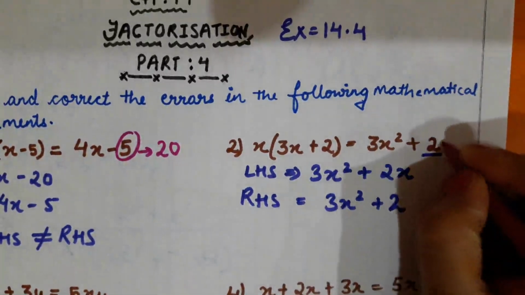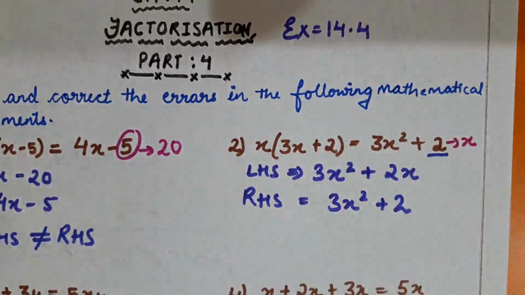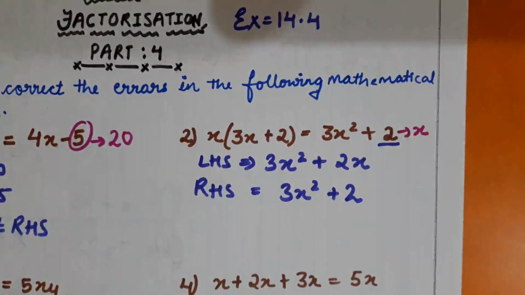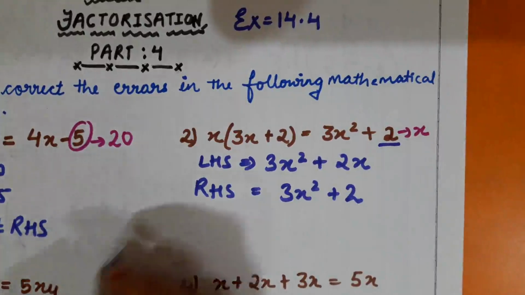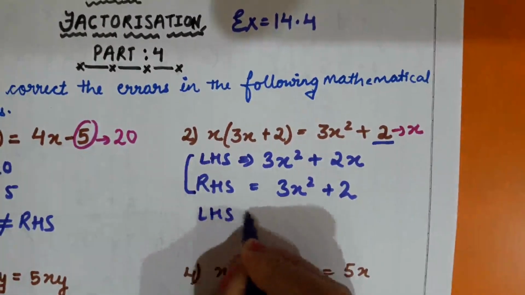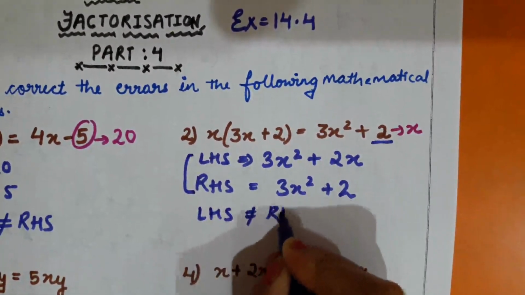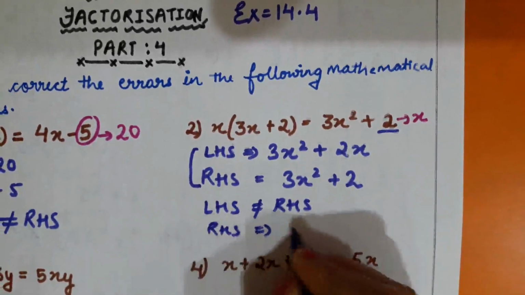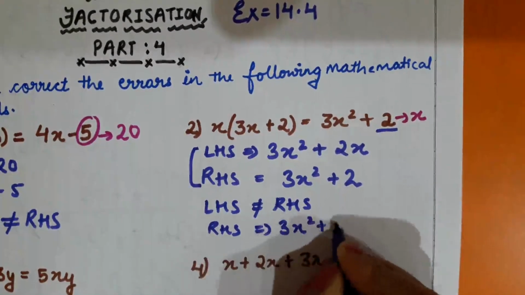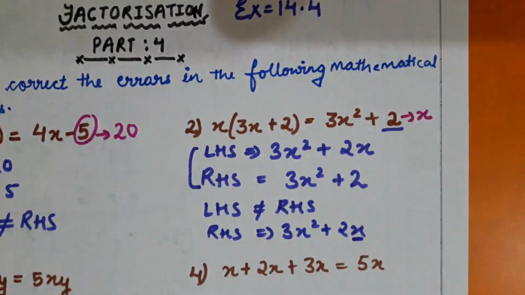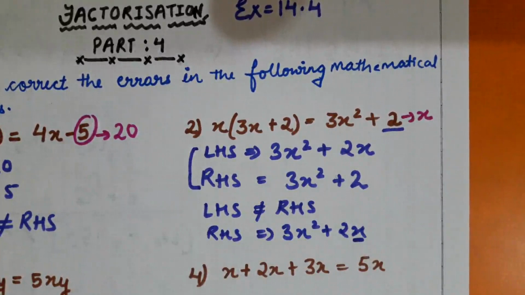So we need to put x on the right side. Left hand side is not equal to right hand side, and when at the right hand side we correct it to 3x square plus 2x, by putting this x, only then left hand side equals right hand side.